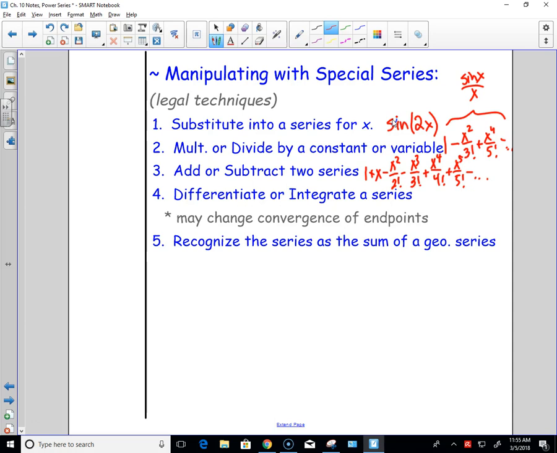Things like that. And then recognizing the series as the sum of a geometric series, if we had something like 1 plus e to the 2x plus e to the 4x plus e to the 6x, and they said write the sum or rewrite the series in terms of a common function, what would you do?